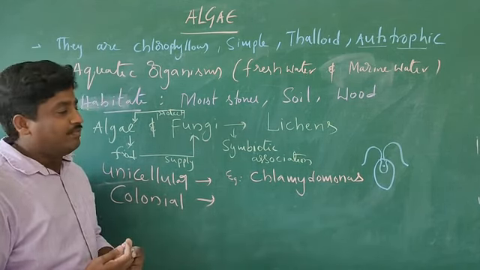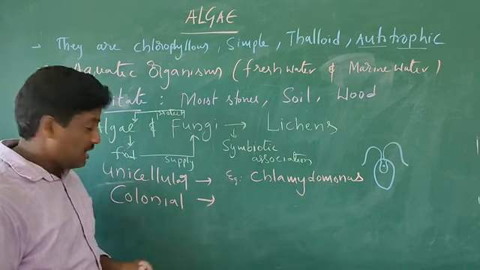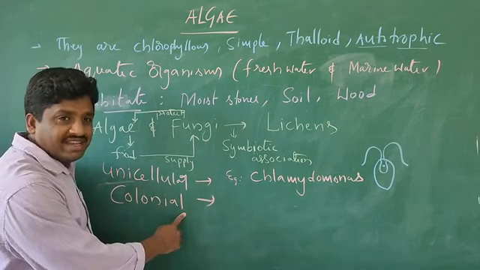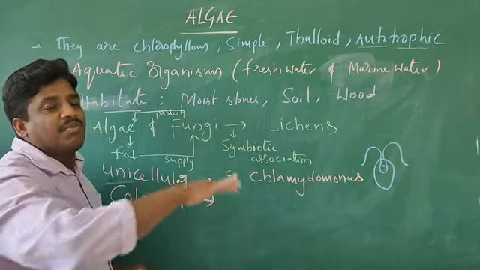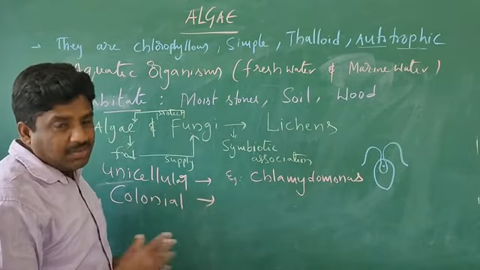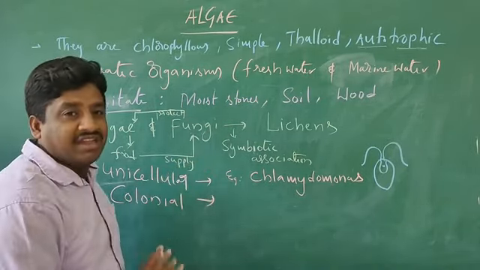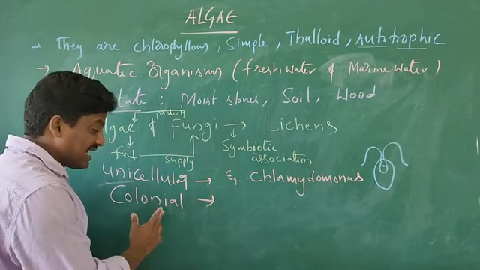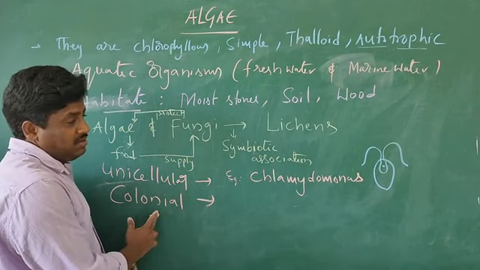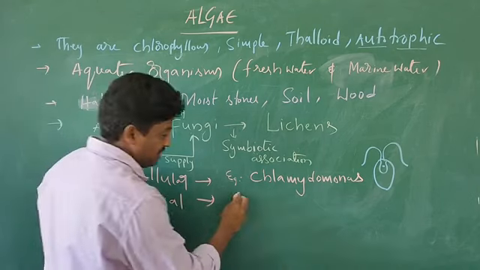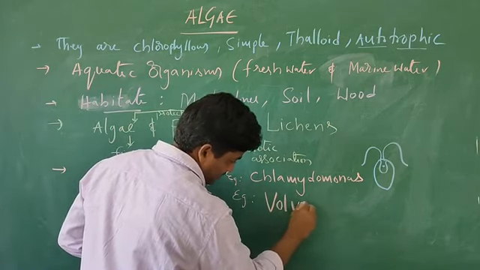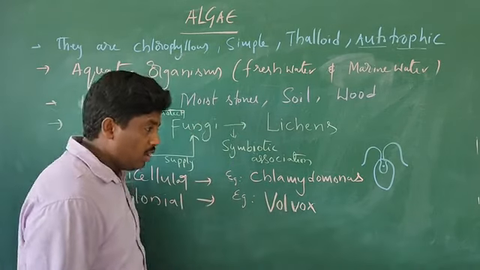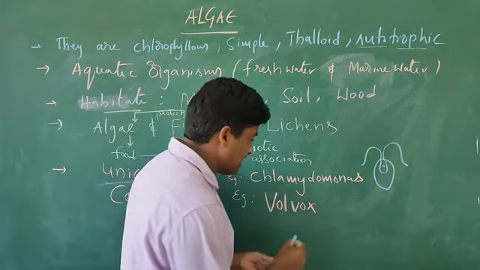A group-wise form. A colony is an area where some people are living, a group of people living in that colony. Such a kind of organisms are in algae. Example: Volvox. You can see how it looks here.